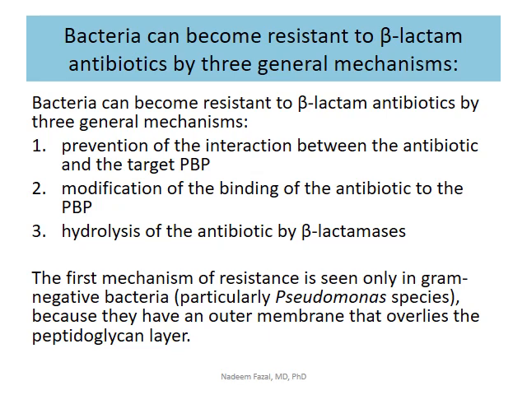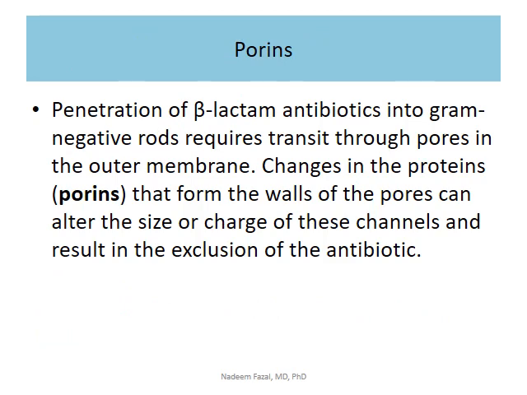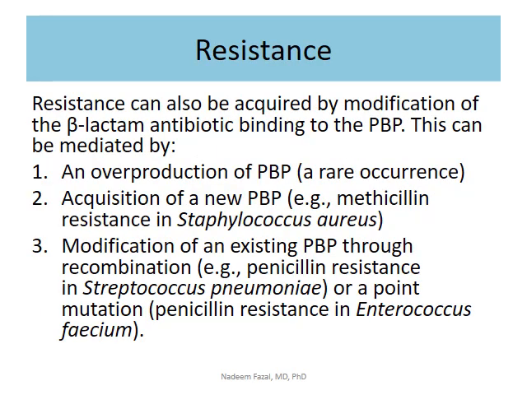That's the whole idea here. Okay, we talked about porins. You can read it on your own. Other than the general mechanisms that I just described, these are some specific mechanisms that we normally see in a specific bacterium.